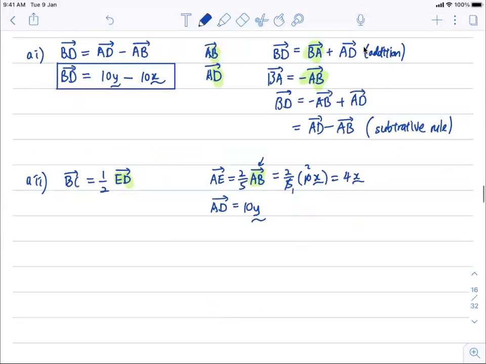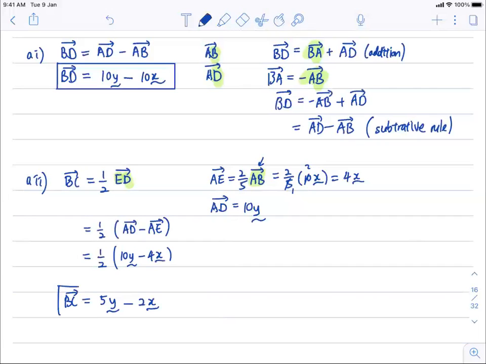Okay, so now we know that ED, by the subtraction rule, is equal to AD minus AE. AD is 5y, AE is 4x. So BC is equal to 5y minus 2x. Final answer.